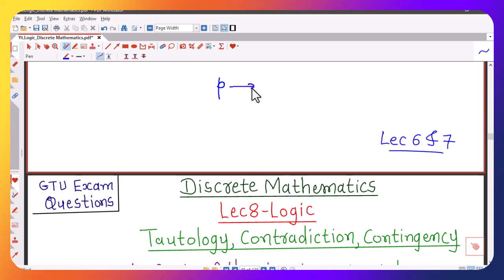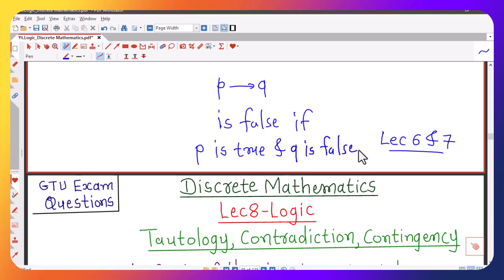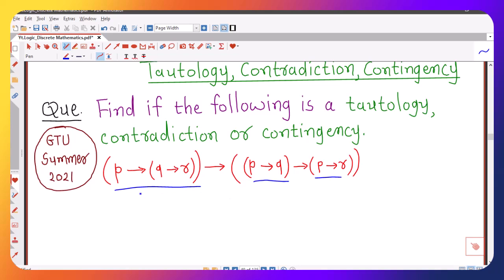We know that P implies Q is false if the first proposition, that is P, is true and the second proposition, that is Q, is false, and in all other cases this conditional statement is true. So we remember it in this way: the conditional statement P implies Q is false if P is true and Q is false. Similarly, for all of these we are going to use this definition.